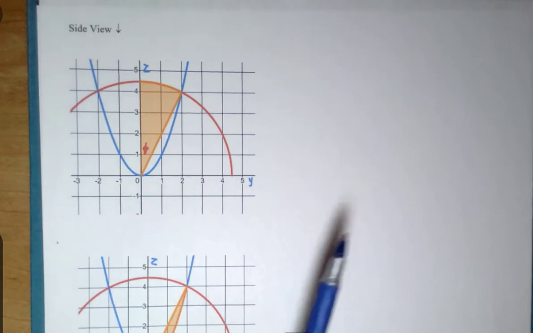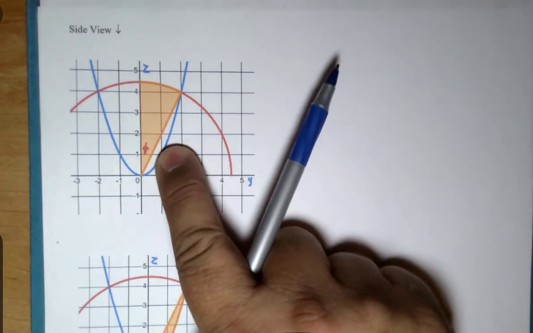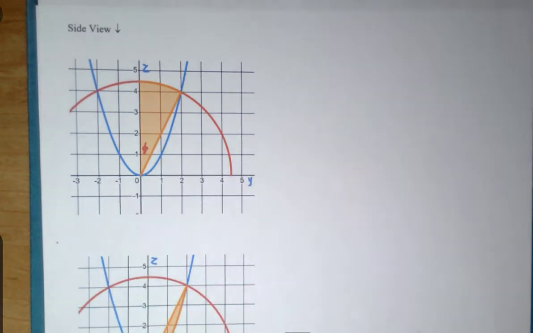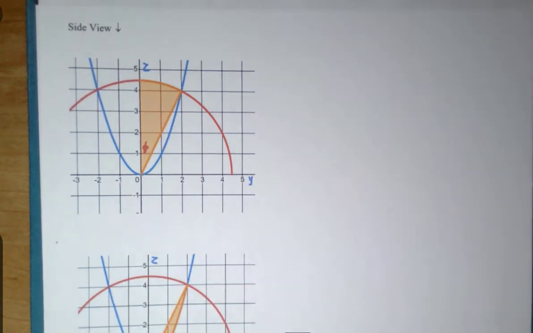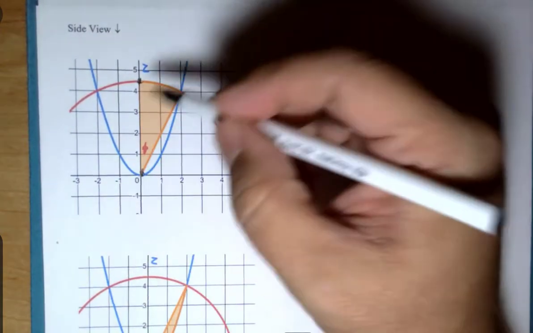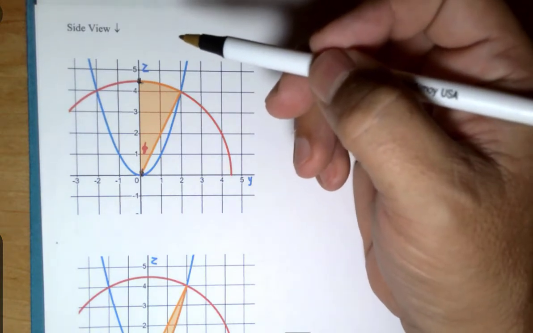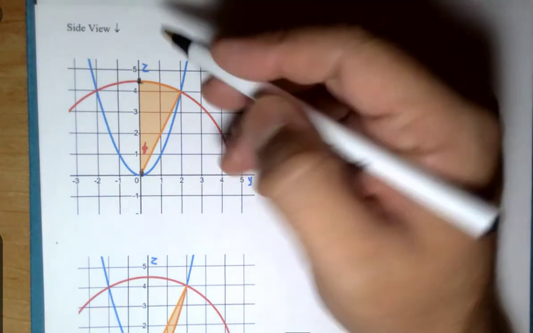The reason I have not shaded the entire region in is for a simple reason. From here to here, from the origin to here, is the radius of the sphere, which is the square root of 20.